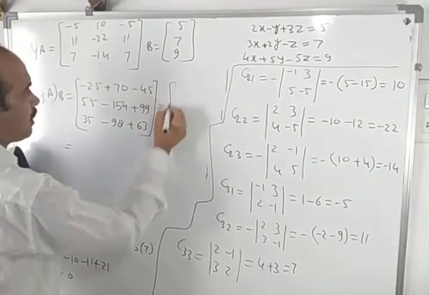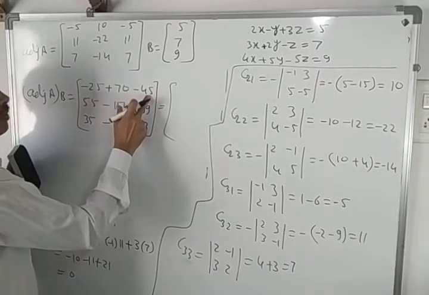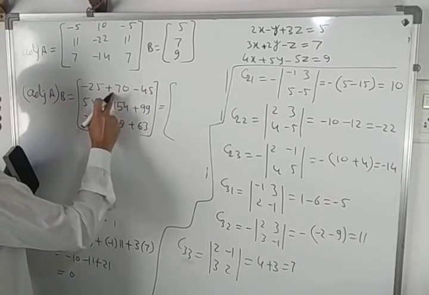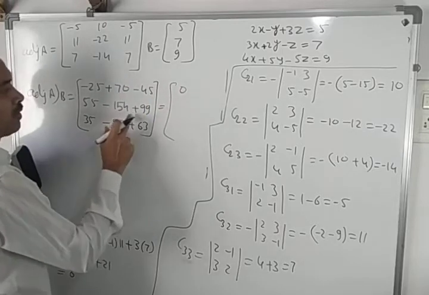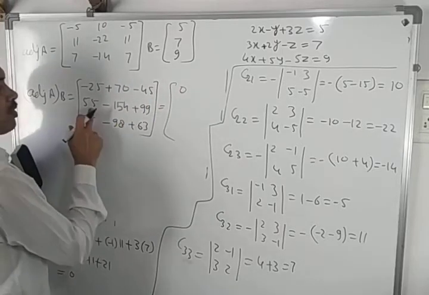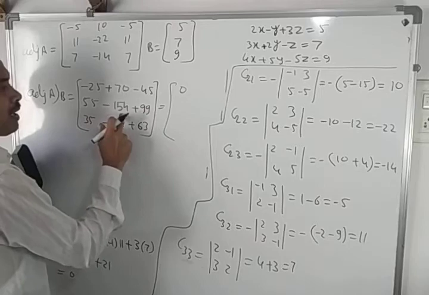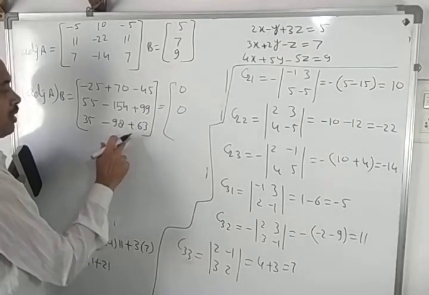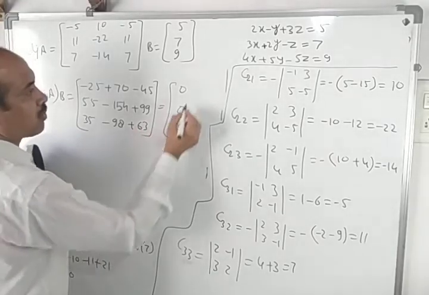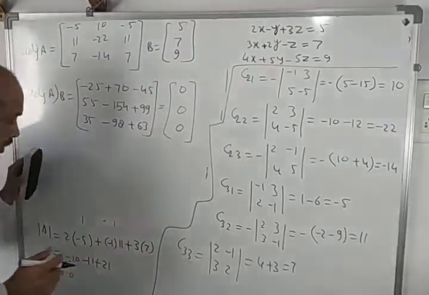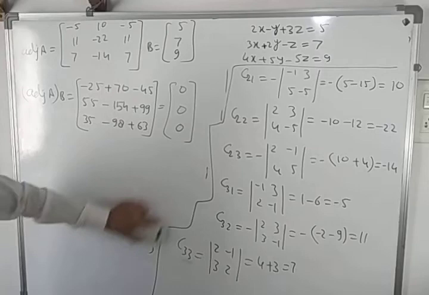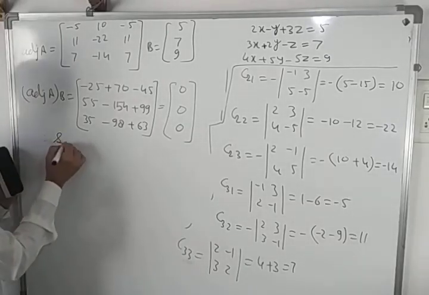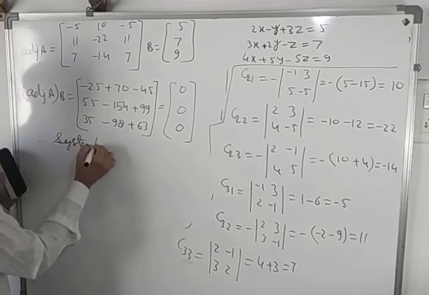And it is coming, see, minus 45 and 25 is minus 70, this is plus 70, so it is 0. Same way, if you add them, positive 154 and 99 minus 55, so it is also 0. These two are also adding, coming 98, and this is minus 98, so it is 0. So when adjoint of A into B is 0, then we say the system has many solutions.